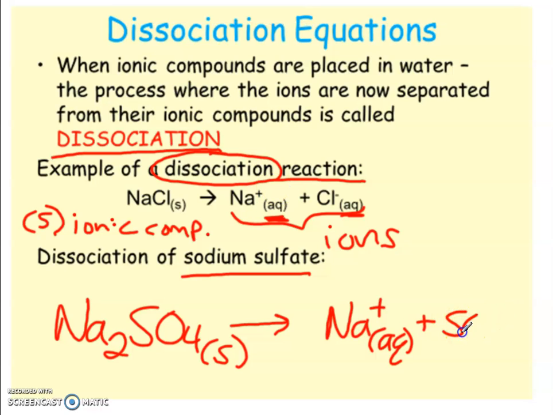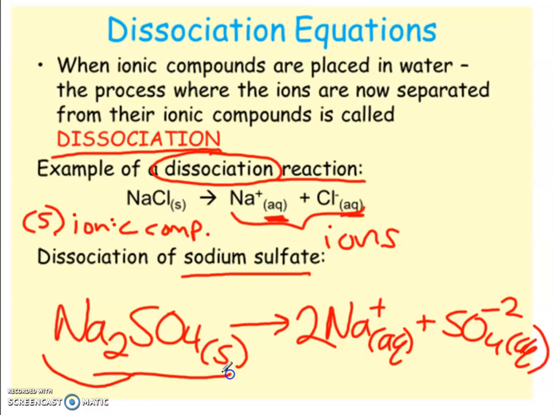And of course, make sure that you balance this. So we have 2 sodium ions that are being produced here. So the left side, again, is always the solid ionic compound. The right-hand side are our ions that are produced as the effect after dissolving.